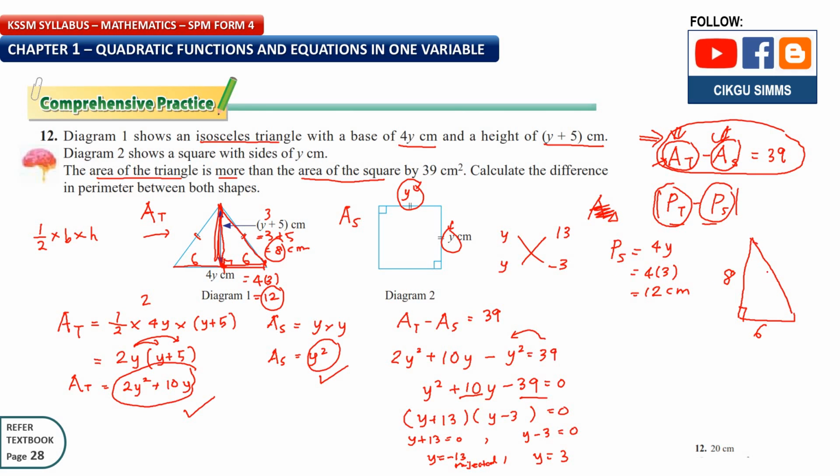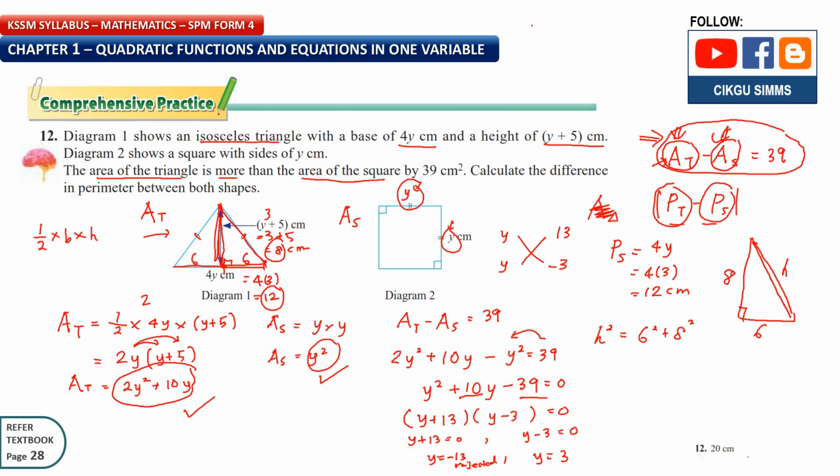So I can find this length. You give it a symbol, H. So the value of H is the square root of (6 squared plus 8 squared).